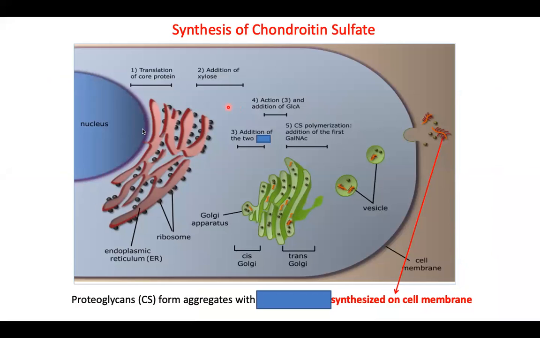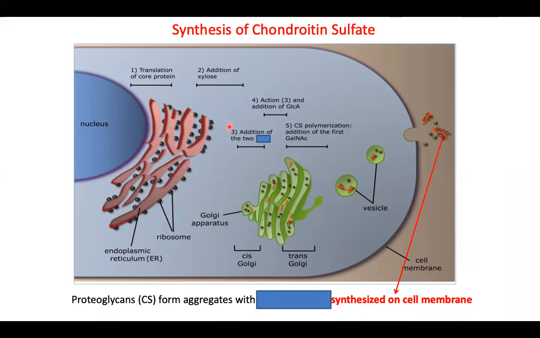Okay, so now we're going to look at it from the perspective of a cell. And a lot of this is actually revision. You guys already know how proteins are made. They're made first from the ER, and they need to be translated. That's what they're showing you over here. And then we talked about how we need to add xylose, which is a sugar, to the serine of the protein.